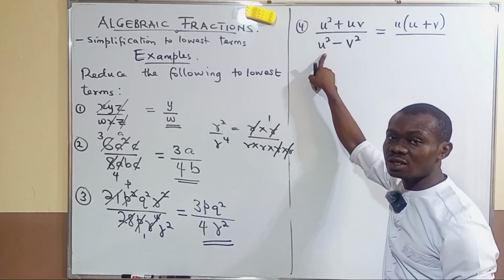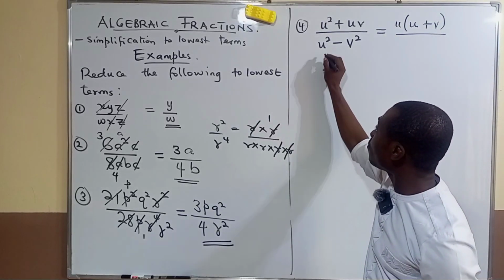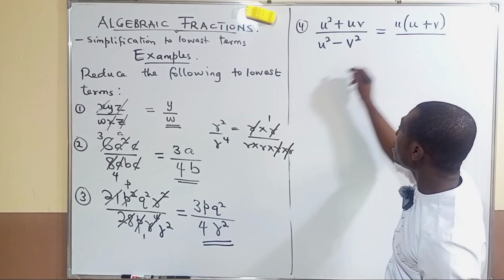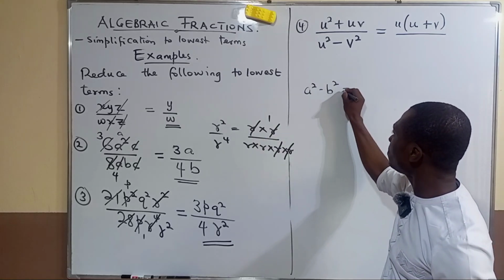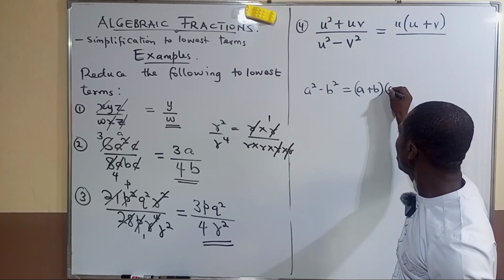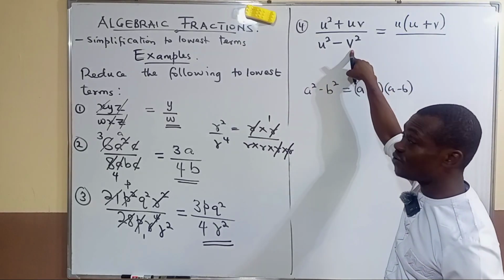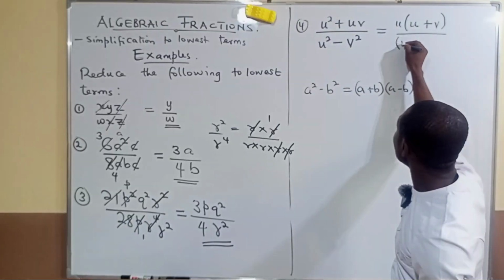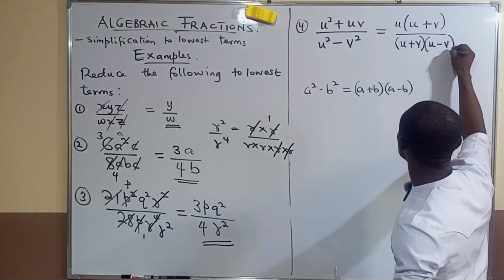We also handled it under that factorization lesson. We said that if you have a squared minus b squared, it is simply equal to a plus b into a minus b. So since I have u squared minus v squared, that will give me u plus v into u minus v.